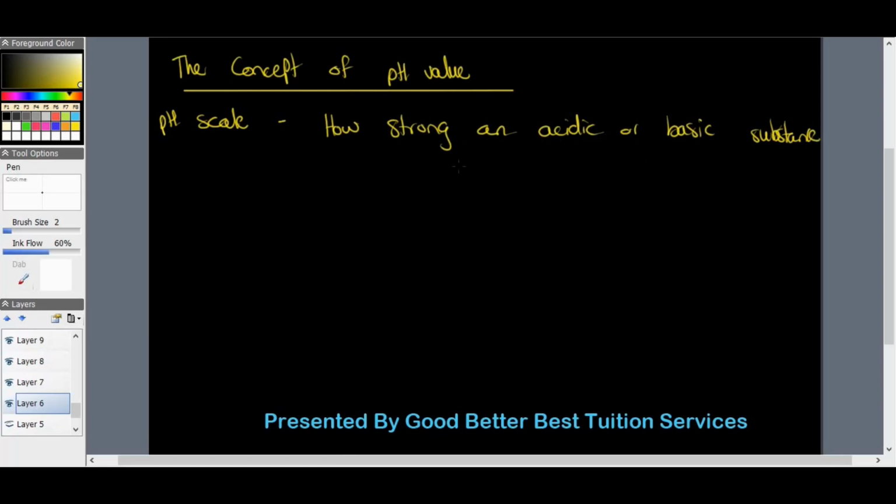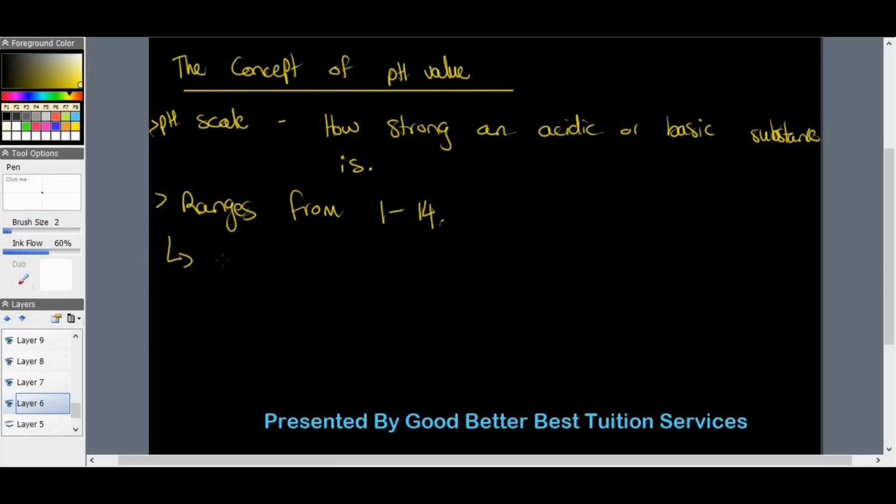It's not enough that we are concerned with whether it is an acid or a base, but now we are more concerned with how strong an acid or how strong a base it is. And the scale ranges, as we saw in our mind map, from 1 to 14.